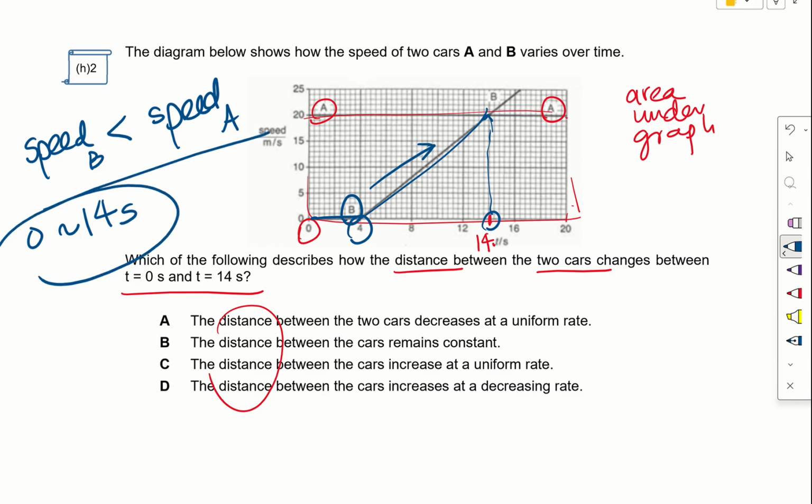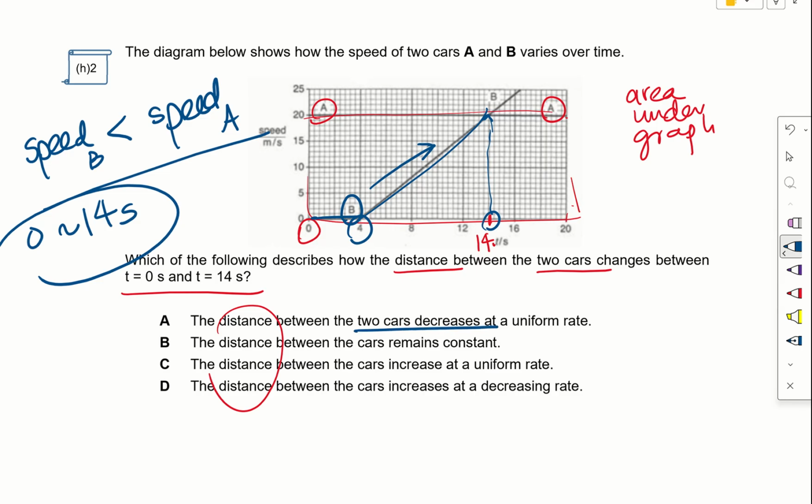If the speed is lesser, will it catch up? No. In order to catch up with somebody, the speed must be higher than the speed of the person he's trying to catch. But from 0 to 14 seconds, there is no point in time whereby the speed of B is greater than A. So they will never catch up.